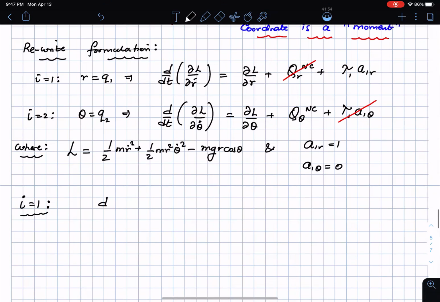So this is d by dt of m r dot, equal to dL by dr. There is minus mg cos theta. Do I have any other terms containing r dot here? I don't. And so what is that going to give me? That's lambda 1 a1R.